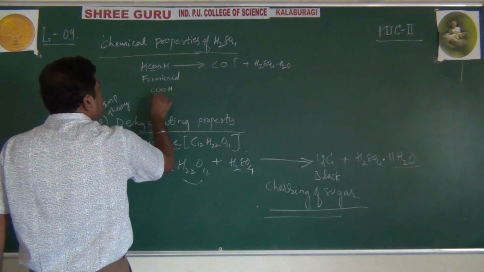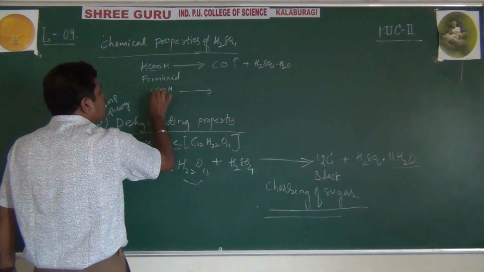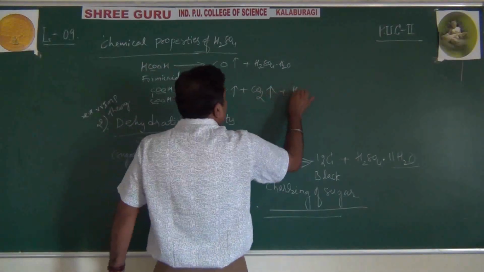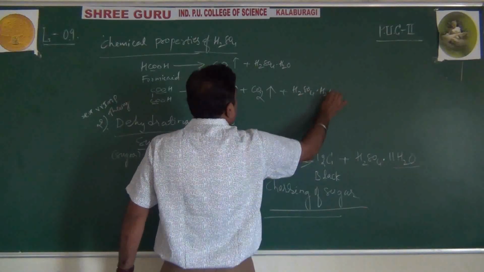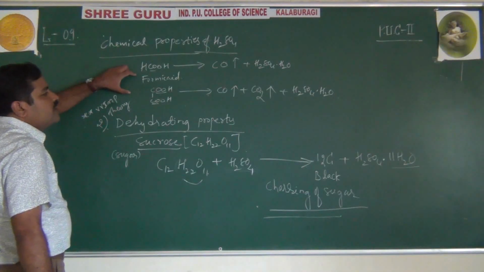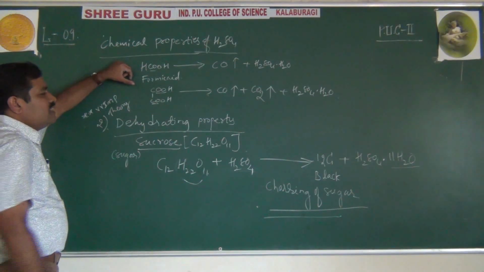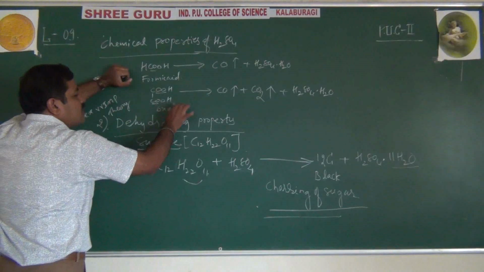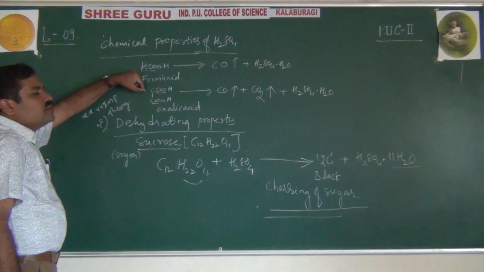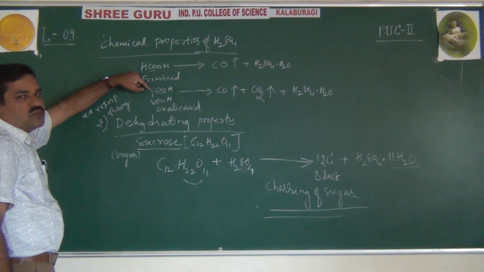Oxalic acid, a dicarboxylic acid (COOH)2, also gives CO and CO2 and H2SO4·H2O. These are the three important chemical reactions to show the dehydrating nature of sulfuric acid: sucrose, formic acid to carbon monoxide, and oxalic acid, which liberates carbon monoxide and carbon dioxide and removes water of hydration from the water molecule elements.